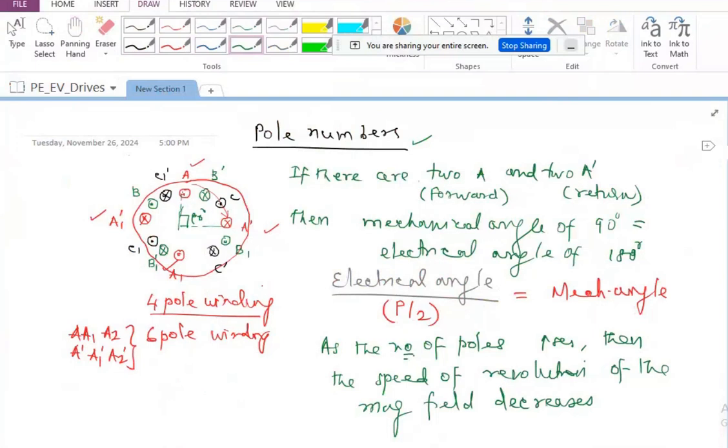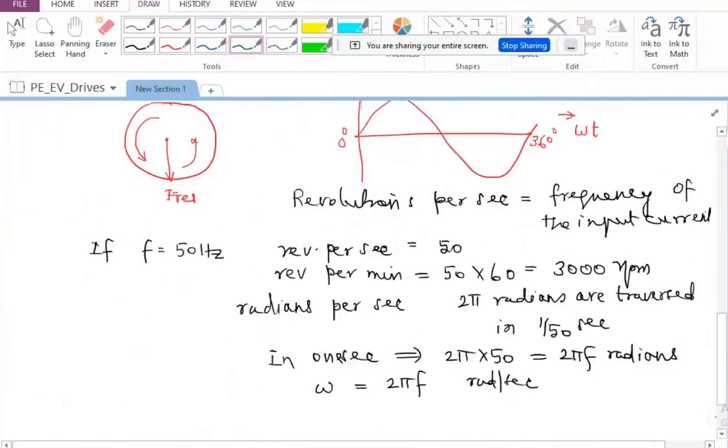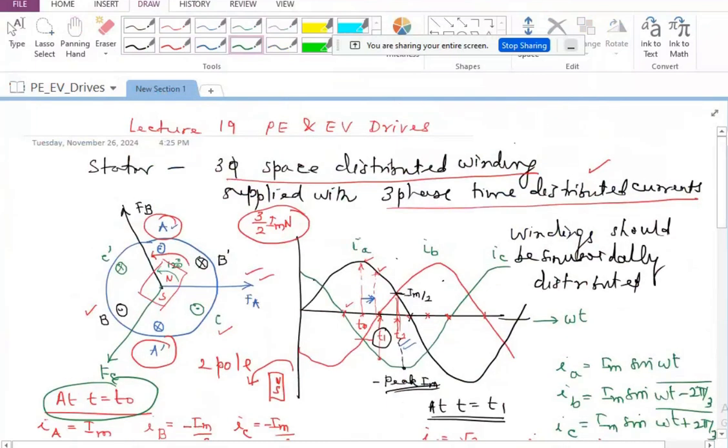And one more thing I would like to specify is, if I am looking at A phase winding supplied with A phase current, B phase winding supplied with B phase current, and C phase winding supplied with C phase current, my revolving magnetic field is rotating in anti-clockwise direction.